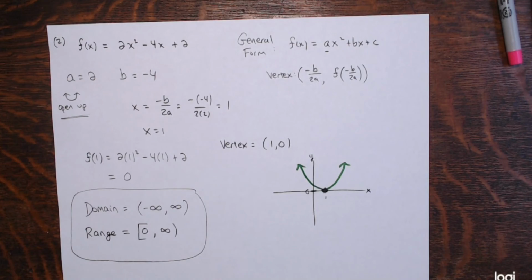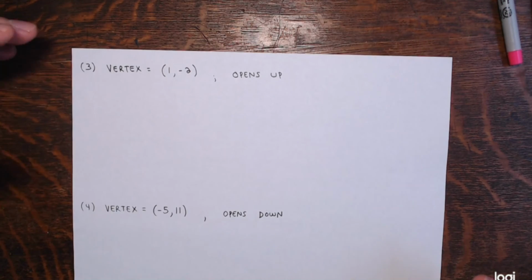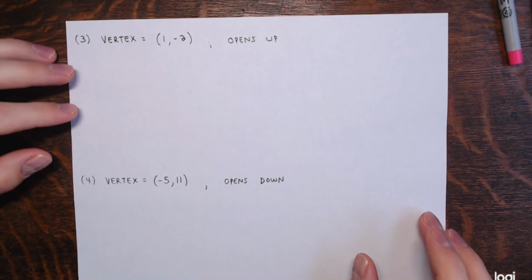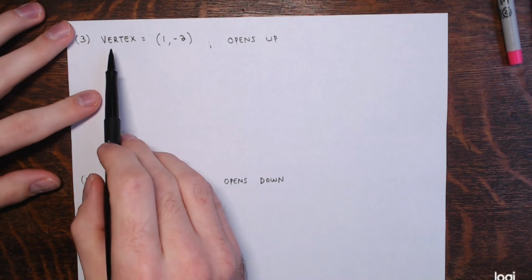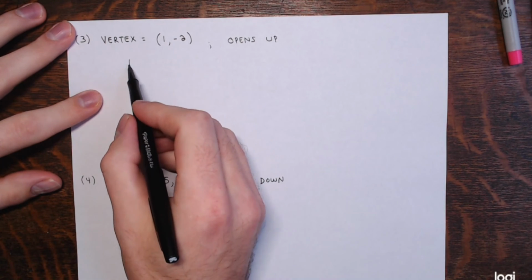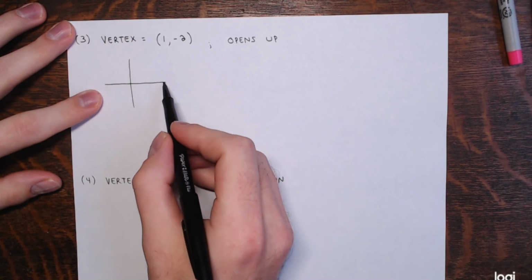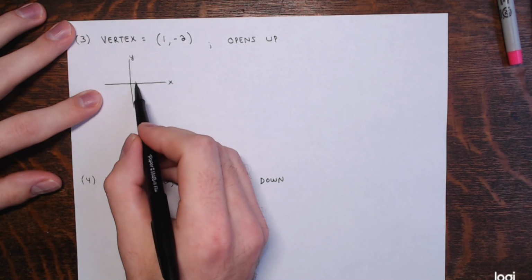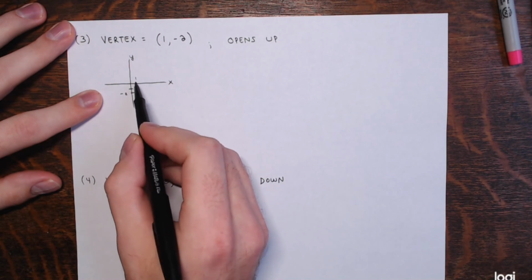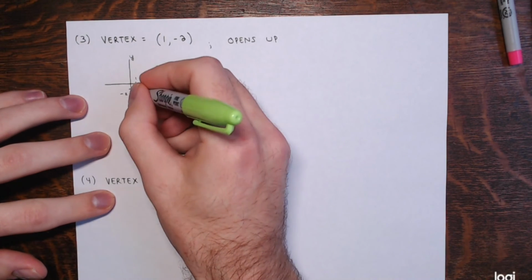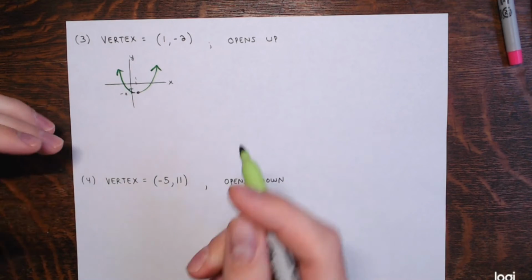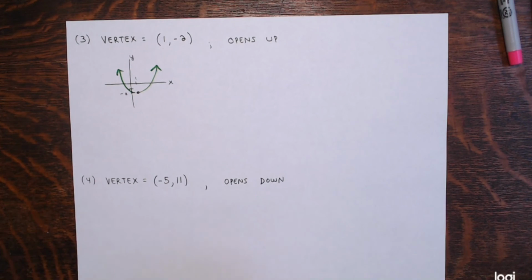Okay, and then my last page just got a couple more of these because these are all pretty simple. Again, these are exercises taken directly from the OpenStax book related to this objective. Vertex is 1, -2. And it opens up. What's the domain and range of a quadratic function like that?